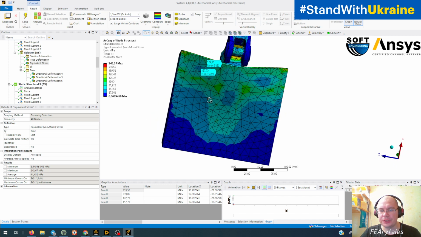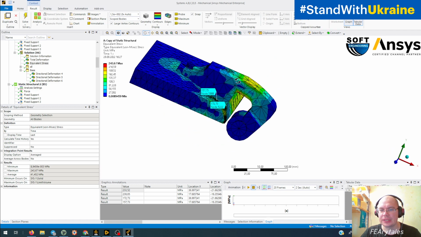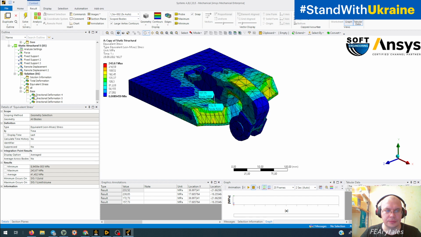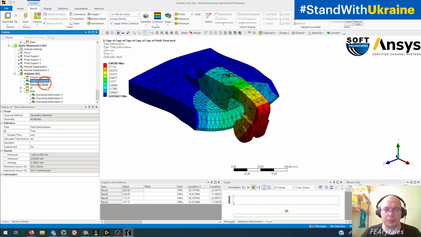We have difference in base, but we have the same picture for the crank. We have difference in deformation.